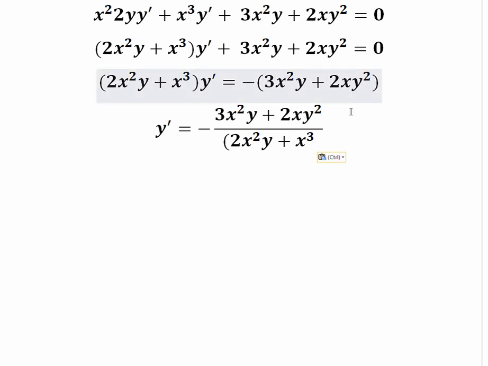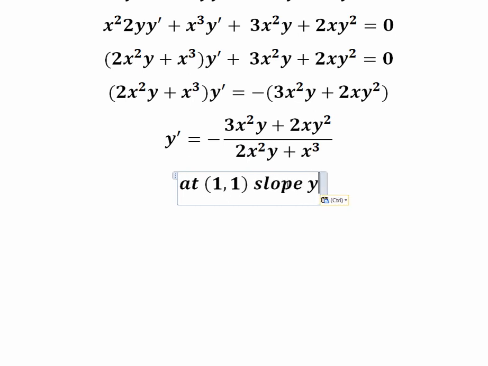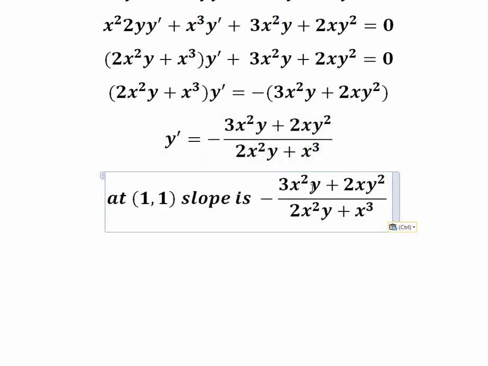And then if we want the equation of the tangent line at 1, 1, first let's just remove this, that's unnecessary. So for the tangent line at 1, 1, the slope is what? We shall just substitute 1, 1 in the place of x and y here.